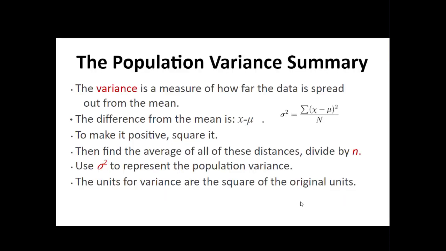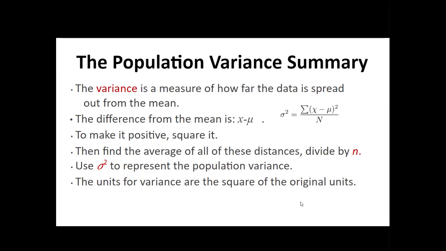So if we were going to just make a list of how to calculate the population variance summary, first, we know that the variance is a measure of how far the data is spread out from the mean in squared units. You take the difference of each data point from the mean. So you find the deviations from the mean. To make it positive, you square those deviations from the mean. And then you add all the squared deviations up, and divide by the number of data points within the population.